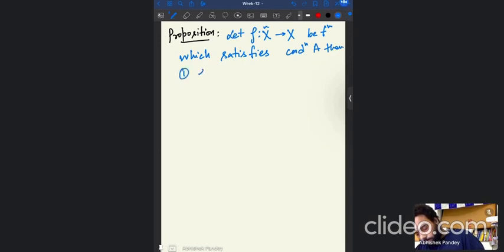First, one can prove rho is a continuous, onto and open map.